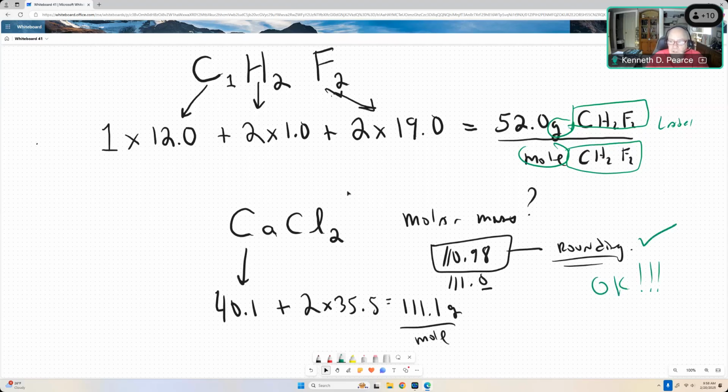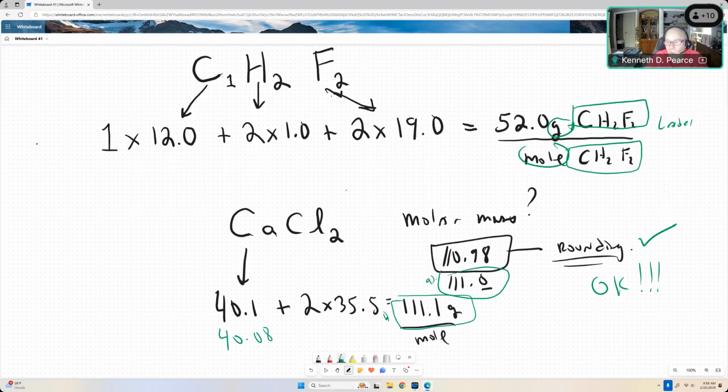Don't worry about that. If you had gone out 2 decimal places, calcium would be 40.08, and that would make a little bit of a difference, not much. Now, in case you're still worrying, going, oh my God, what do I do, Mr. Pierce? I got this, and you got that. Is that going to be like answer A and answer B? And if I don't pick answer B, is that going to be wrong?